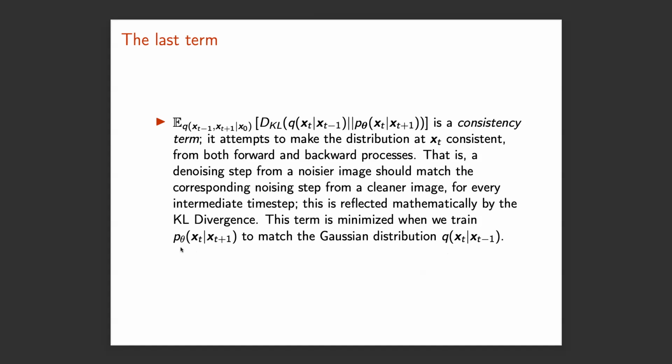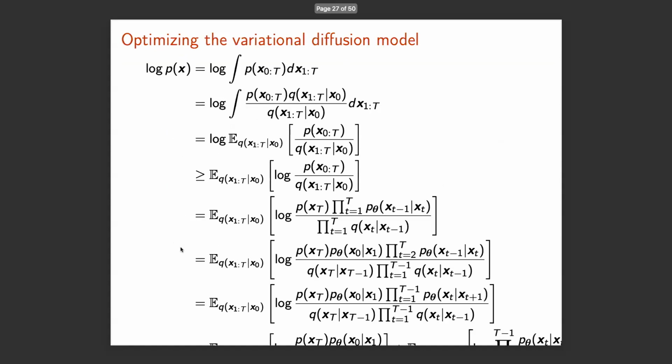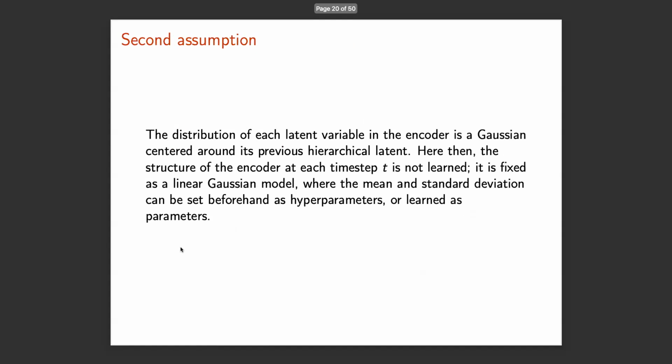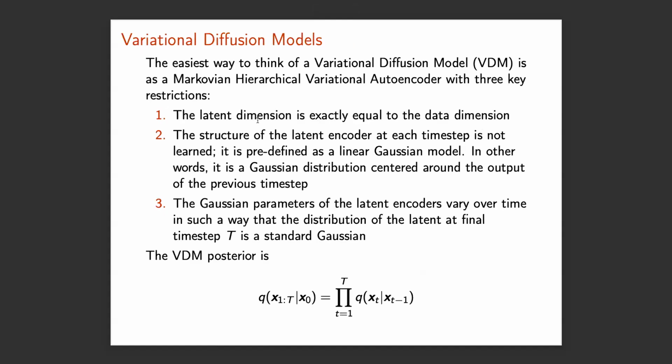Okay, so let's look a little bit at how we actually set up some of these terms, and let's just set up the basics. So the typical distribution in our assumptions. One assumption is that the latent dimension is equal to the data dimension. This is a difference from variational autoencoders where we actually try to reduce dimensionality. The structure of the latent encoded at each time step is not learned.